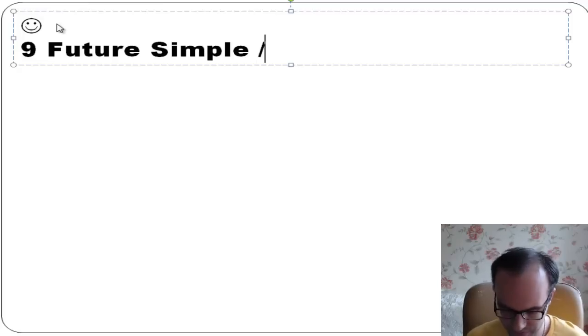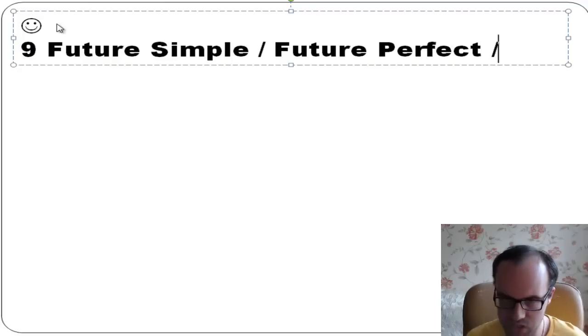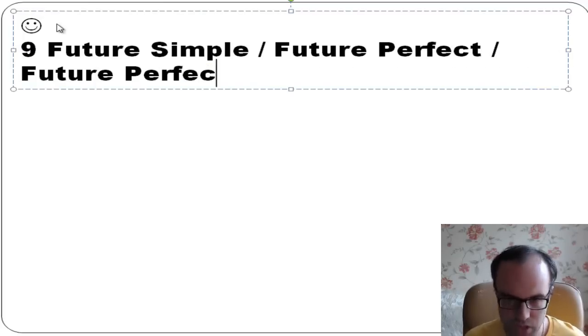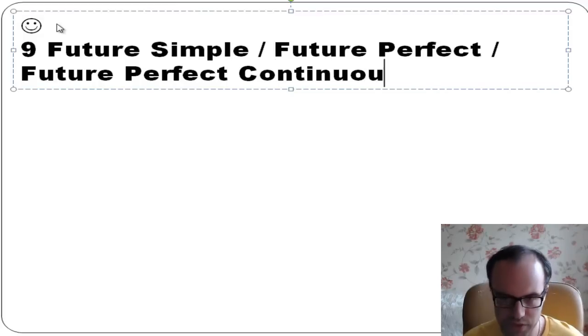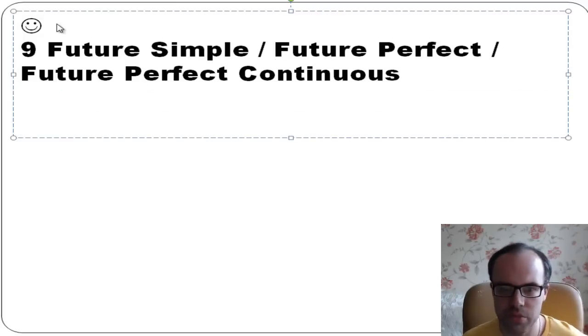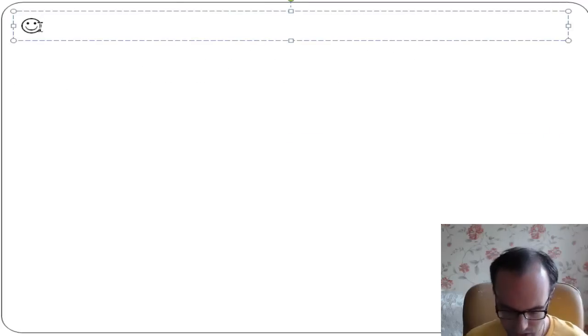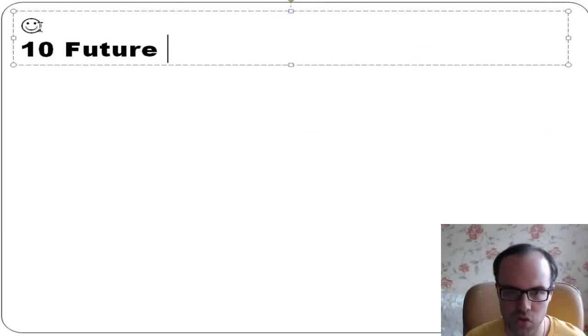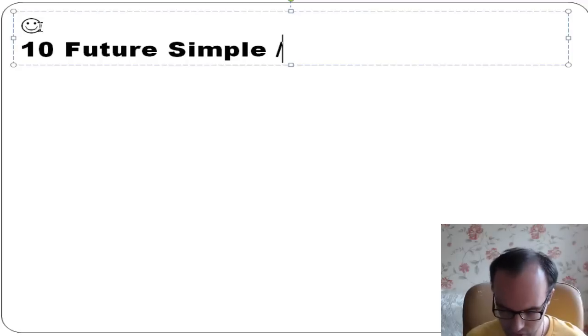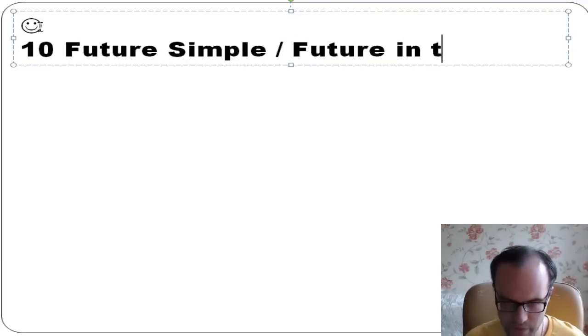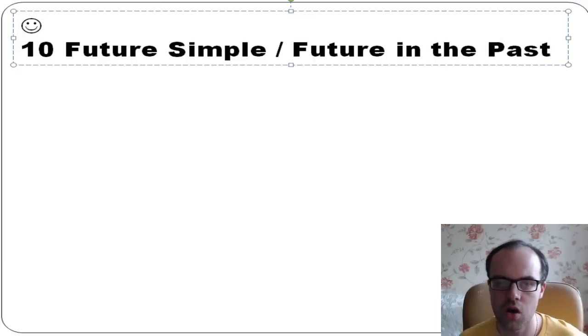So future simple, future perfect, and future perfect continuous. And I remembered also one thing, that we need to talk about future and future in the past. So future simple and future in the past. This situation is also very important, and I know that students often make mistakes while talking about it.